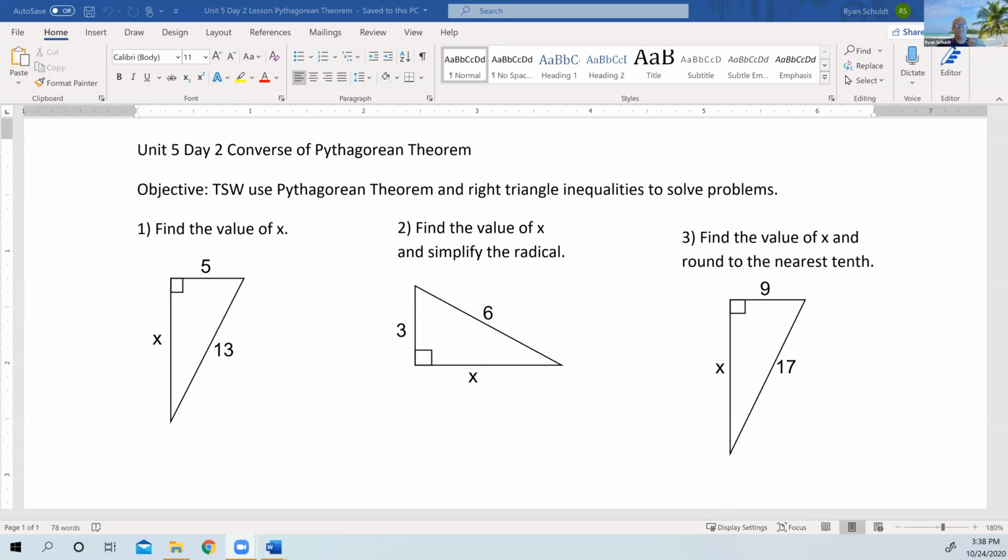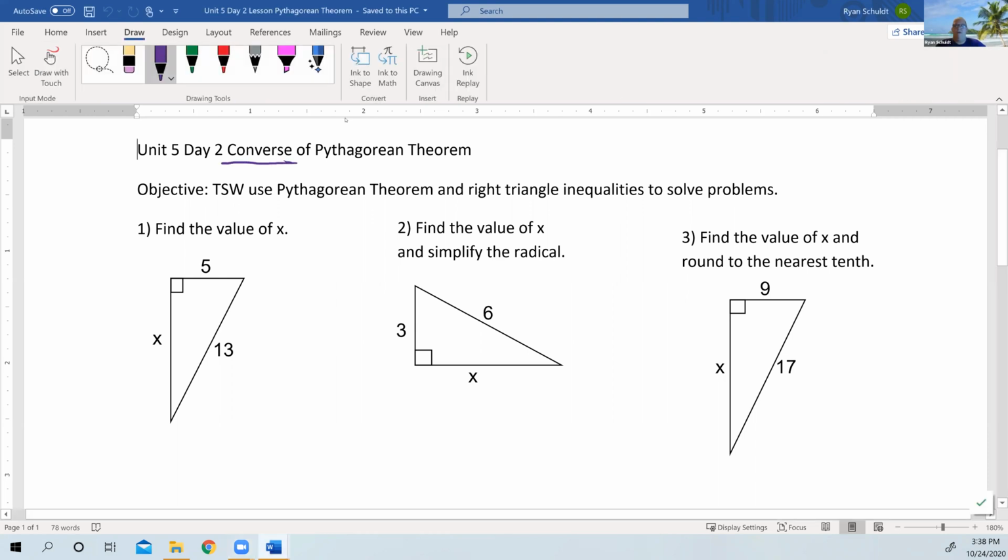Always remember, with the Pythagorean Theorem, a squared plus b squared equals c squared. But we're not doing just the Pythagorean Theorem, we're doing the converse. Remember, converse means we're switching it around.